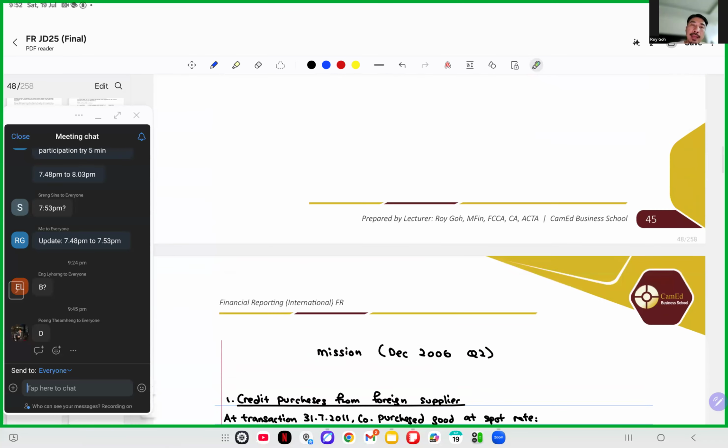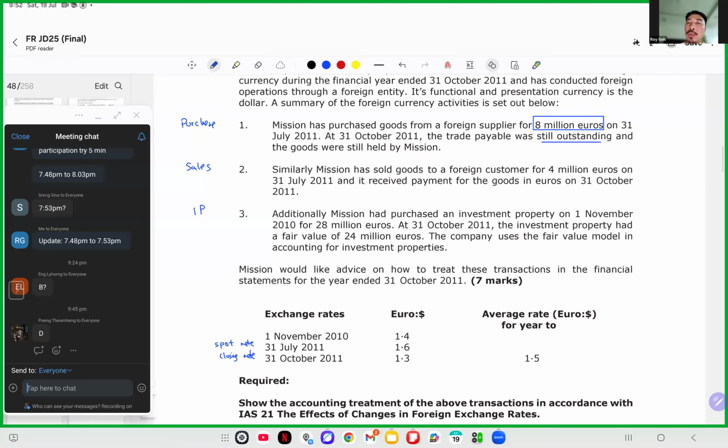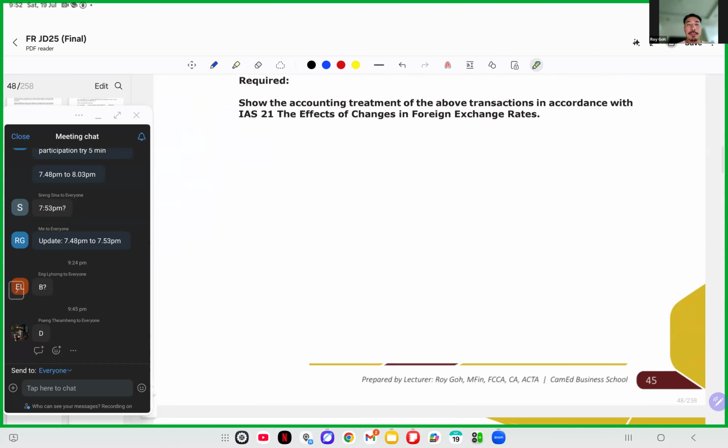Now, let's look at point 2. Point 2 is not difficult. There's only one value of 4 million euro and you have actually received payment, you call this settled. Settled is called converted.